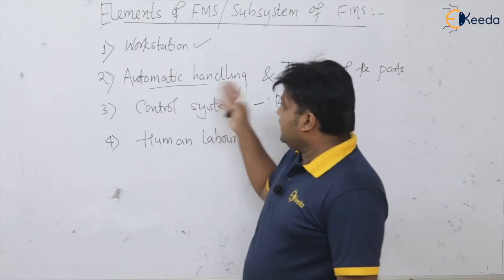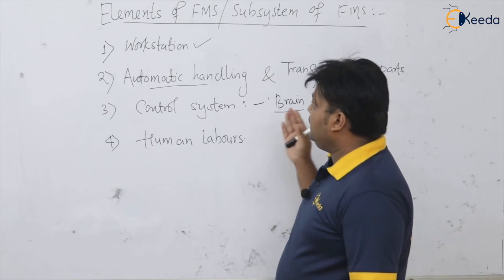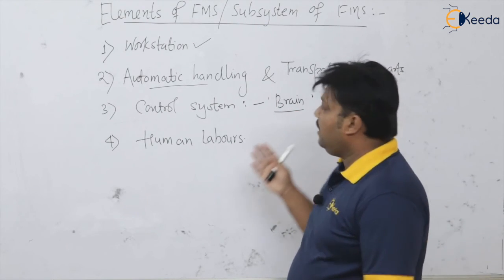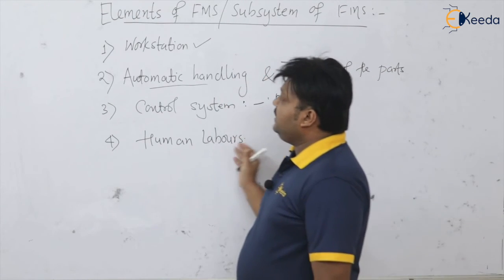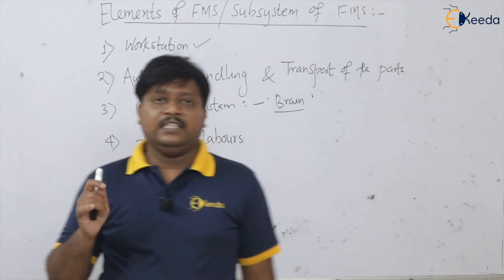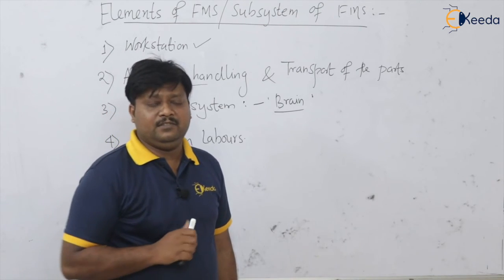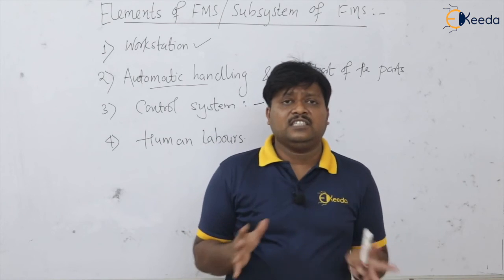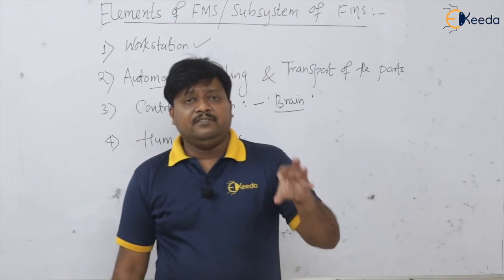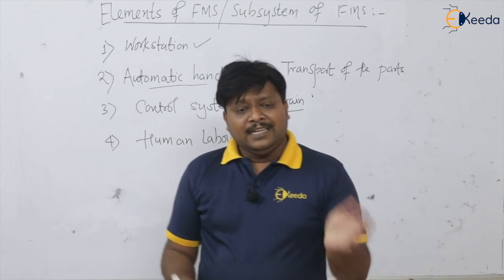So the four we discussed, workstation, automatic handling and transport of the parts, control system, and human labors, are the subsystems or elements of the FMS. In this way we have discussed the flexible manufacturing system in detail.